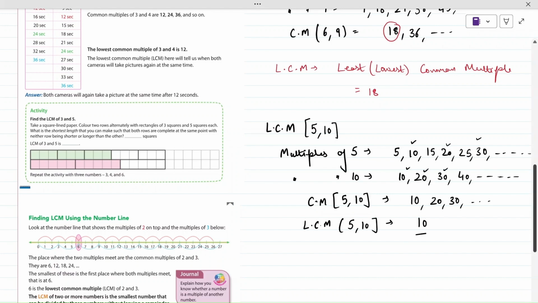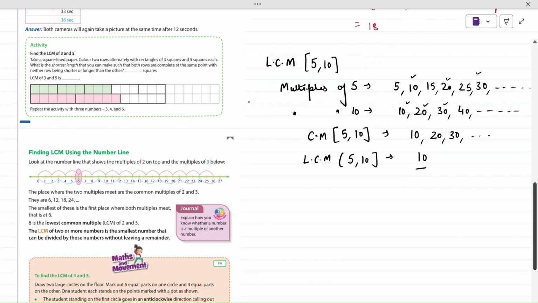Now let us take another example, where we have to find the LCM of the numbers 3 and 5. So kids, let us first write down the multiples of 3.